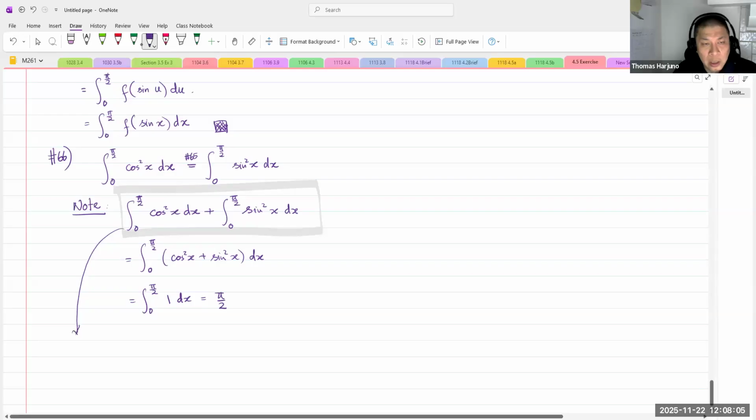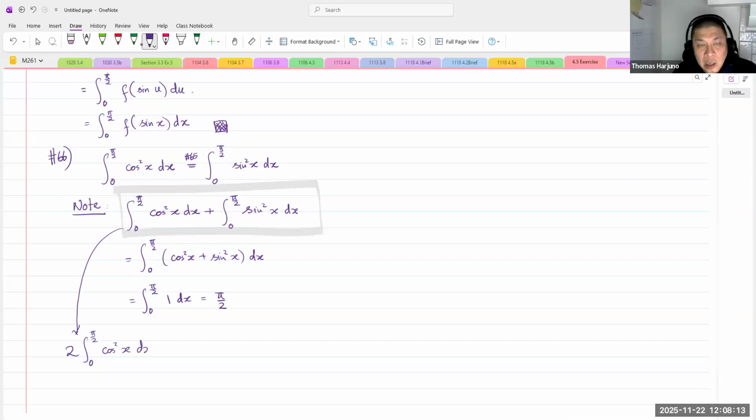Okay, consequently, 2 times the integral from 0 to pi over 2 of cosine squared x dx, remember they are the same, so I can replace the integral of sine squared x dx from 0 to pi over 2 just by the first integral, is equal to pi over 2.